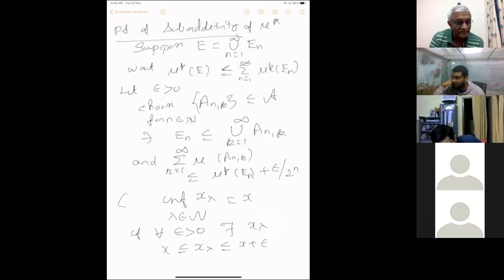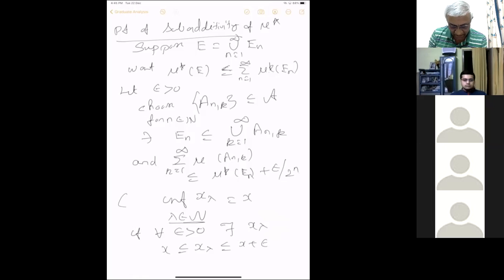This is the definition. Minimum is clear. If you have finitely many of them, then you can find the minimum, which is attained there. Infimum is not necessarily attained. You have a collection x lambda, where lambda is indexed by the capital Lambda. Then this infimum is something which may not be one of those x lambda.